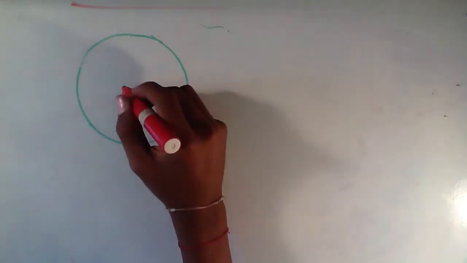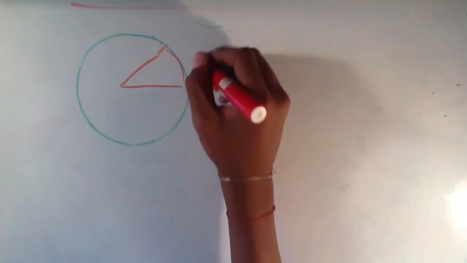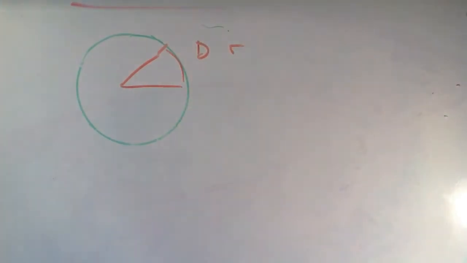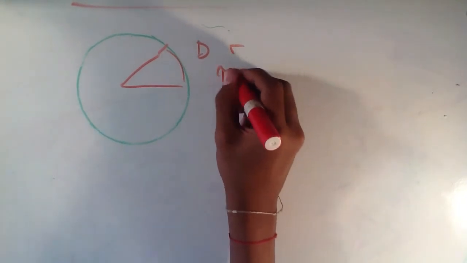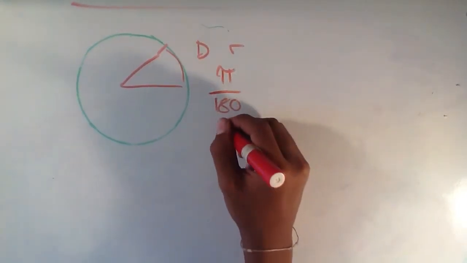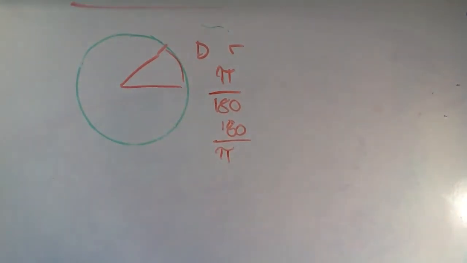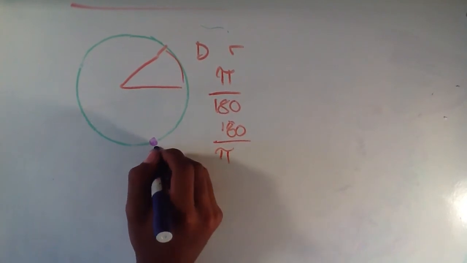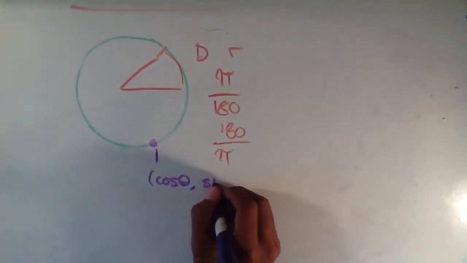In conclusion, we now know that there are 2 ways to measure a segment in a circle: degrees and radians. And now we also know how to convert between them. We also know that to find any coordinate on a circle, it is cos theta, sine theta.